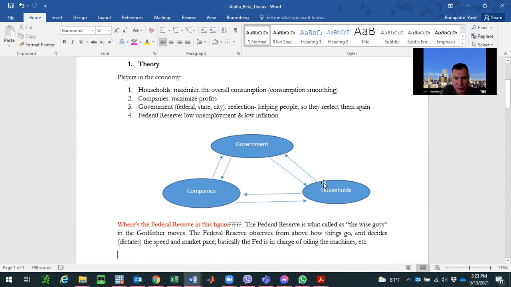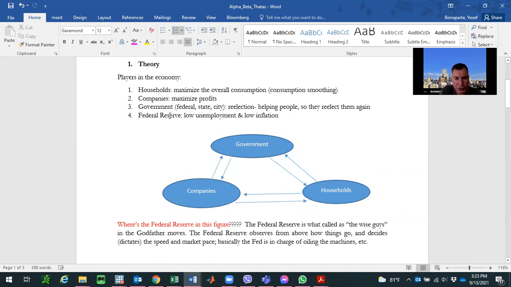The companies ask for services from household labor mainly, and then government taxes households, but sometimes the government gives contracts, subsidies, healthcare and education, so the government gives something back. So this is a relationship.